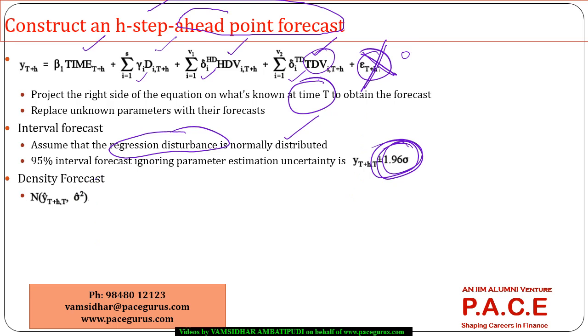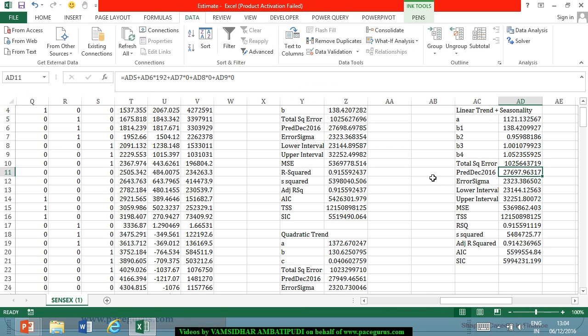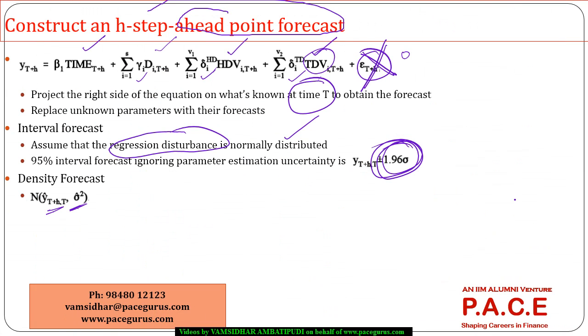And if I want the density forecast along with the lower interval and the upper interval, I take the predicted value and I'll take the 1.96 times sigma on the lower side to get the lower interval, 1.96 times the sigma on the upper side to get the upper interval. So that's how I can create the forecasts as well using the seasonality component in the data.